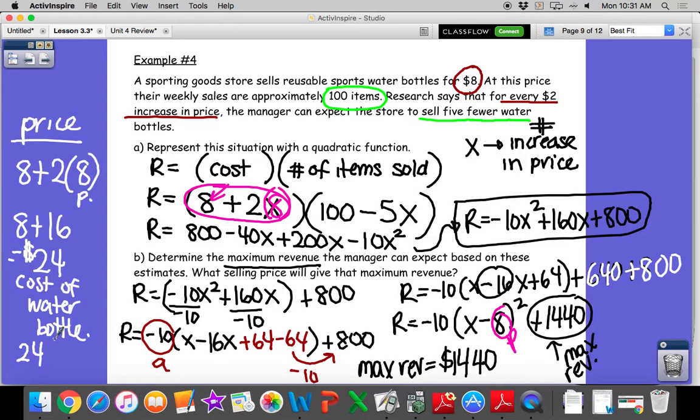If I took 24 and multiplied it by 100 minus 5 times 8, I would get the price that you would expect for revenue, which is $1,440. So that's a way of checking to see if your numbers make sense. If you plug your number back in, they should always give you your maximum revenue.